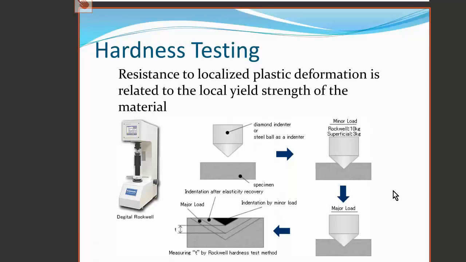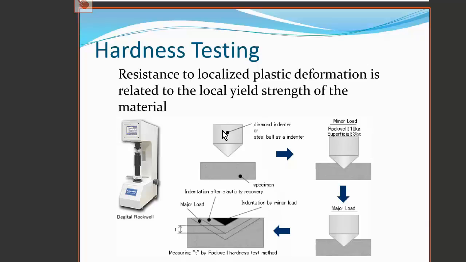Another material property of interest is hardness testing. Hardness is the resistance to localized plastic deformation, or resistance to penetration by a pointed penetrator or a pointed object.